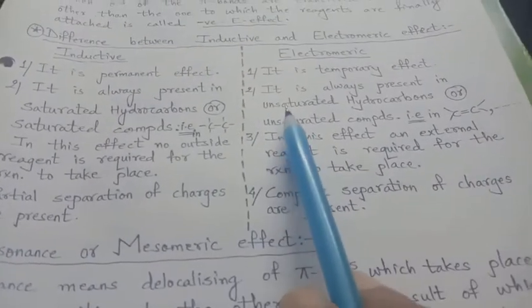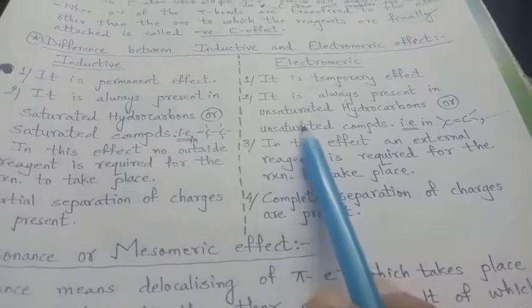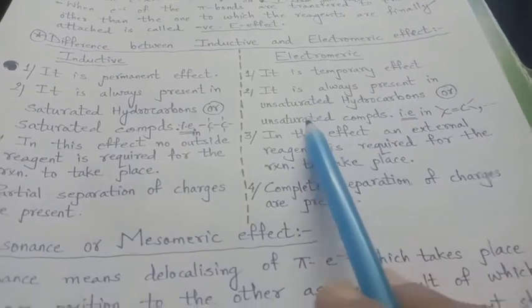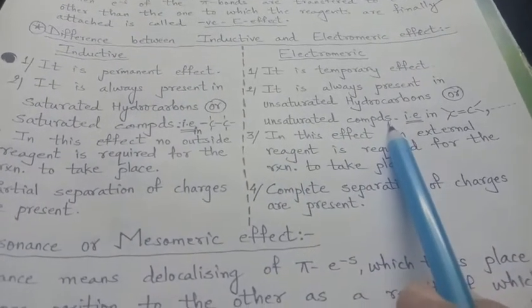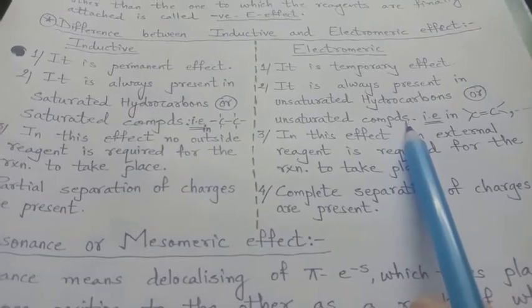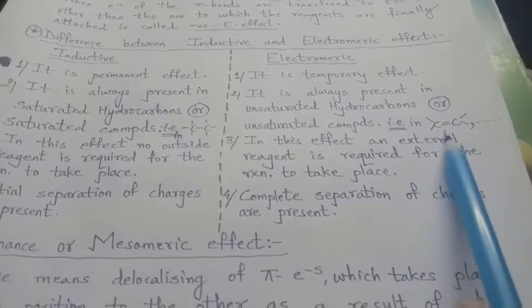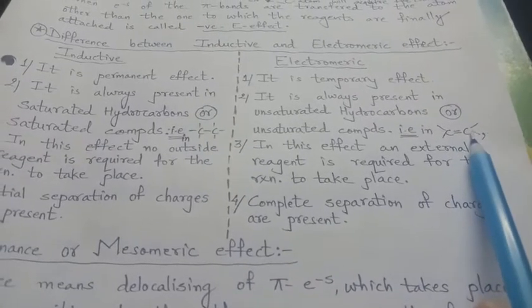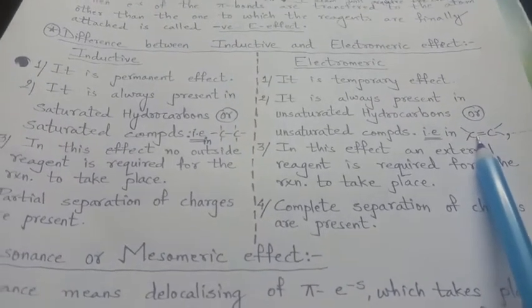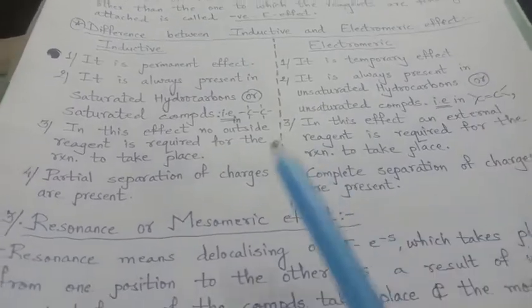The electromagnetic effect is always present in unsaturated hydrocarbons or unsaturated compounds. We have seen the electromagnetic effect is present in double bonds and multiple bonds. So C double bond C, the alkene family, and even with the ketone group we have C double bond O.